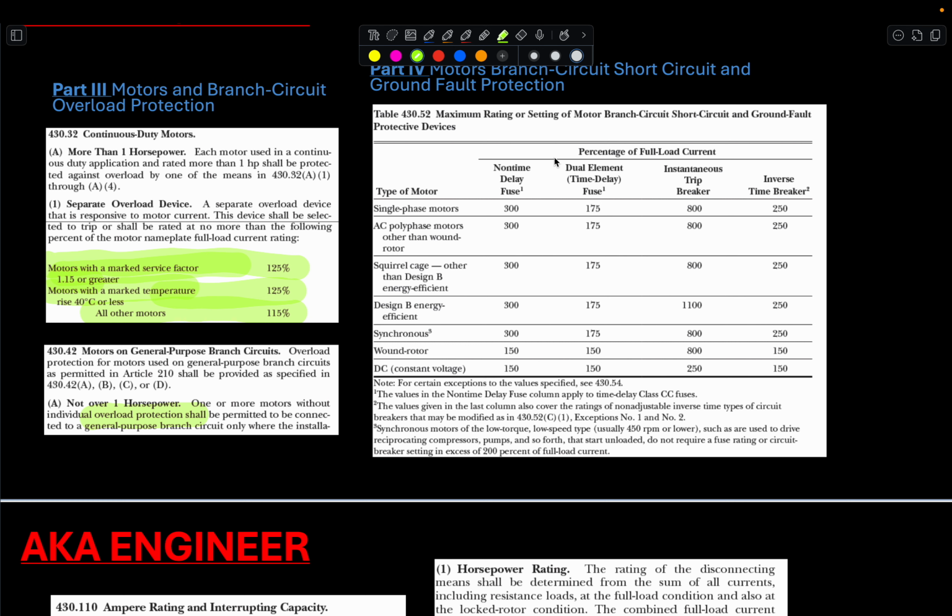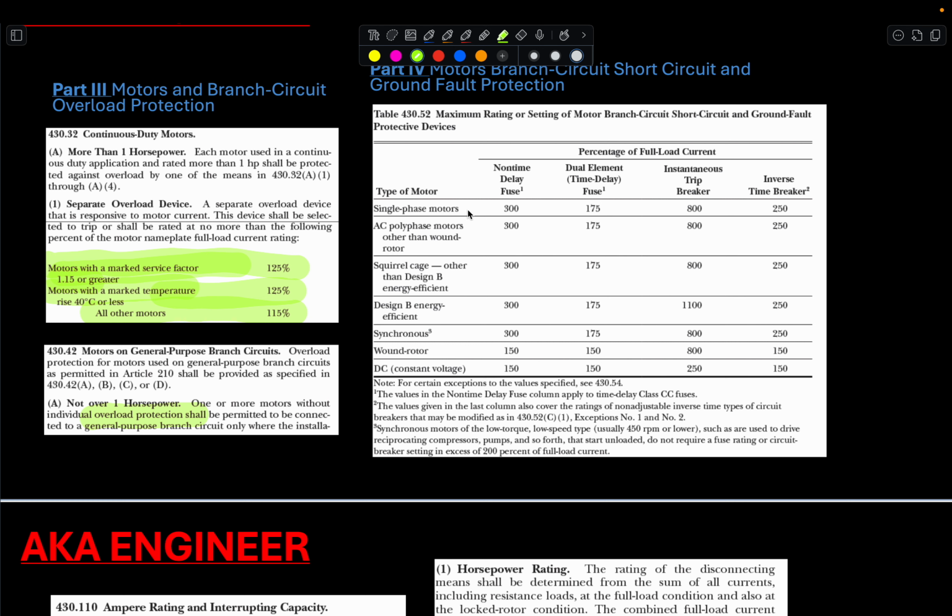So the maximum rating or settings, these are the values that you see here, and these are all percentages. So depending on what you're solving for, instantaneous trip, inverse time breaker, or any of them, just keep in mind that the values here are all percentages. So if you get the full load current of a motor and you want to know the inverse time breaker setting, depending on if it's a single phase, squirrel cage, synchronous, wound rotor, whatever the case is, these are your percentages.